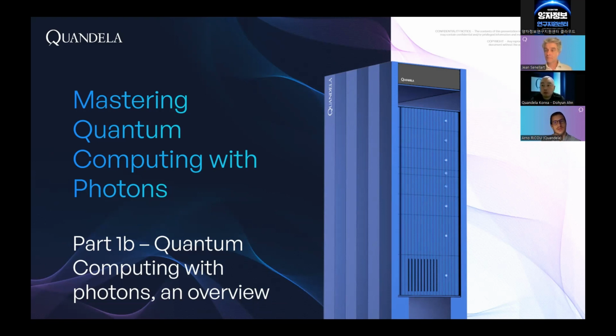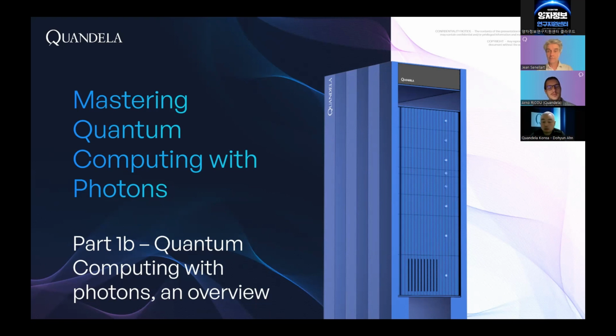Then Shane Mansfield, the Chief of Research of Quandela, gave you an overview of the math behind linear optical quantum computation. You spoke about unitary matrices, boson sampling. You spoke as well about the Hong-Ou-Mandel effect, which is crucial in linear optical quantum computation, especially to do CNOT gates.